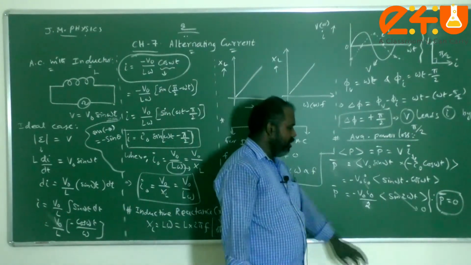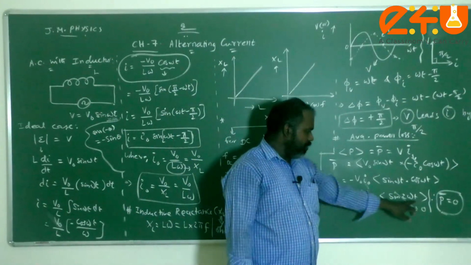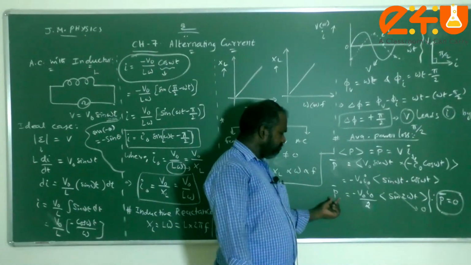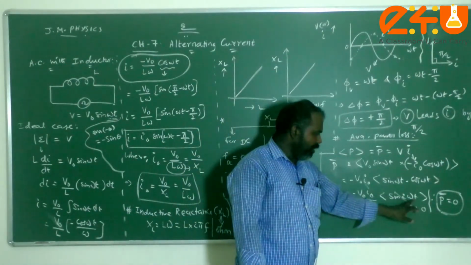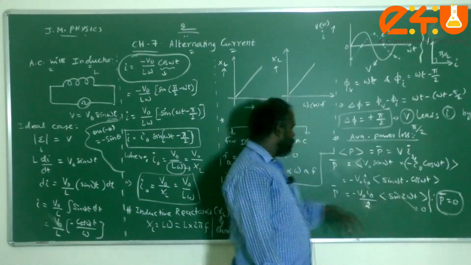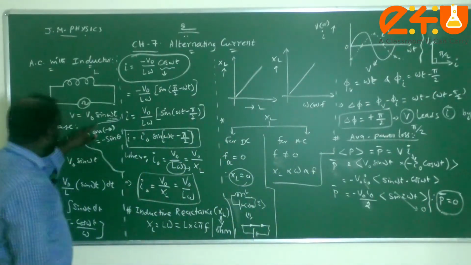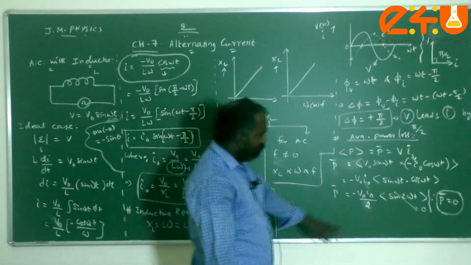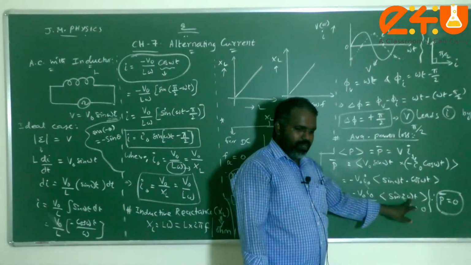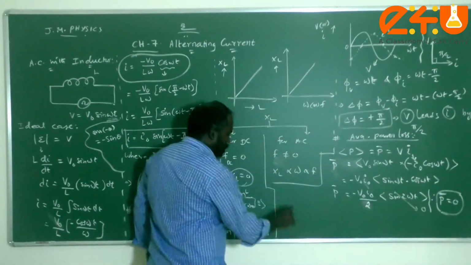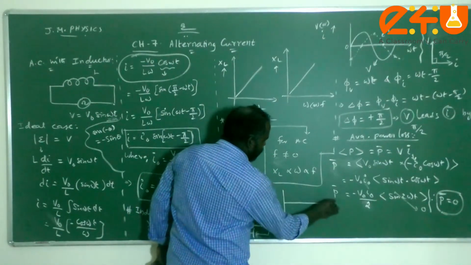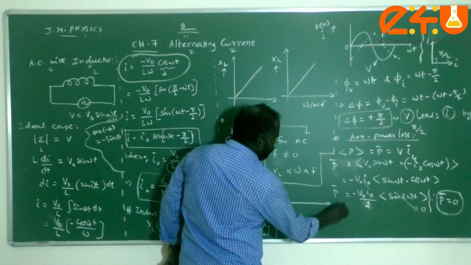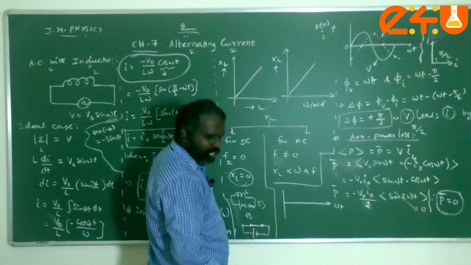That is the one point. Another thing: we see that the frequency of this power term is 2 omega, but in the case of voltage and current we get only omega. I am drawing a comparison between voltage and the power equation.